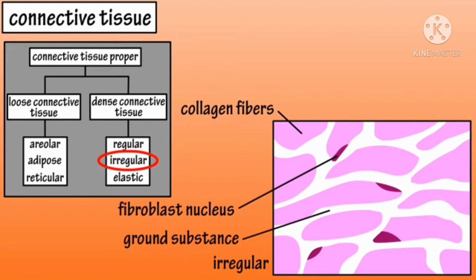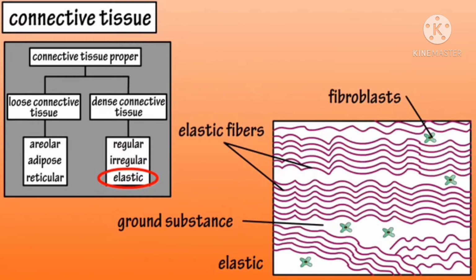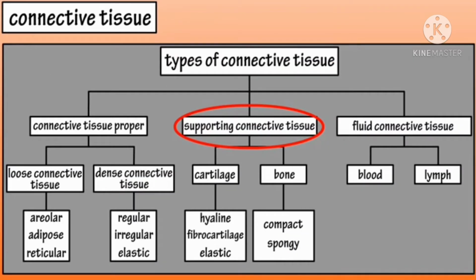It has a richer blood supply and can handle stress. It is found in skin and in the covering of bones. And next is elastic dense connective tissue. It is found in the trachea, vocal cords and some artery walls.